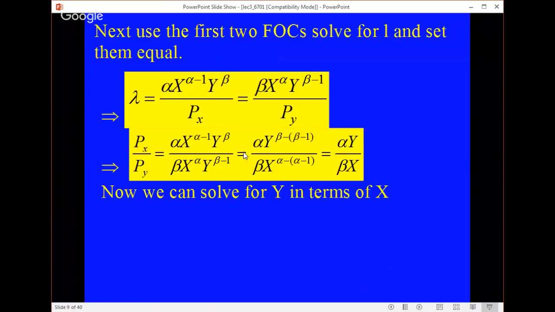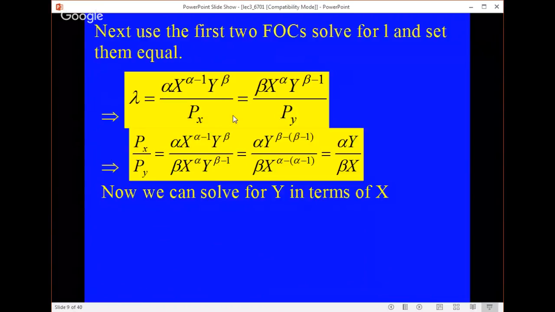And of course, I can do a little bit of algebra here because I have x to the alpha minus 1 over x to the alpha. The x to the alpha over x to the alpha, they cancel. That's equal to 1. So I get basically x to a negative 1 power up top. Here I have y to the beta over y to the beta minus 1.